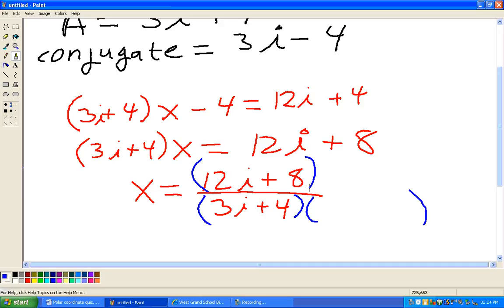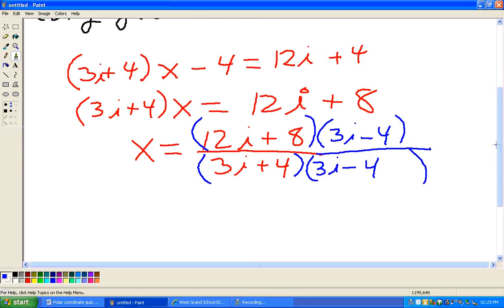The trick is that if I multiply the bottom by the conjugate, I also have to do exactly the same thing on the top. Sorry, the conjugate. You were right. Thank you, Katie.